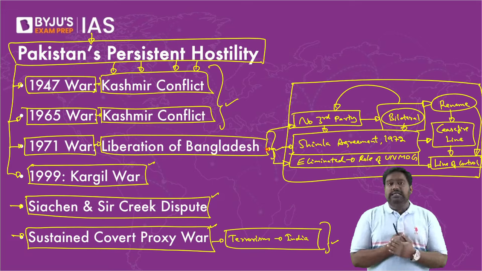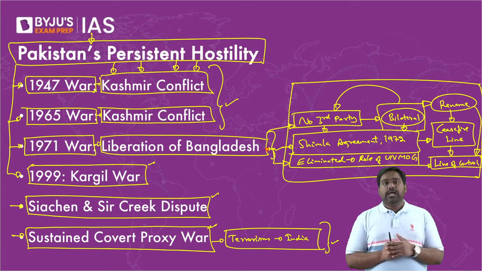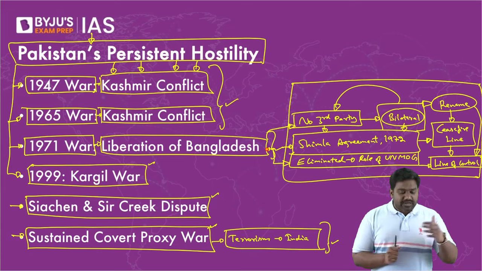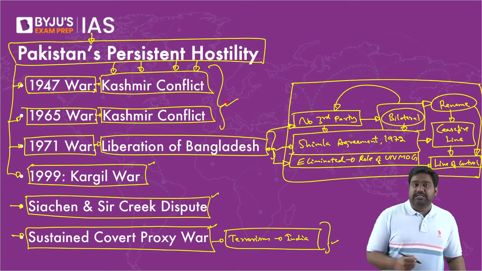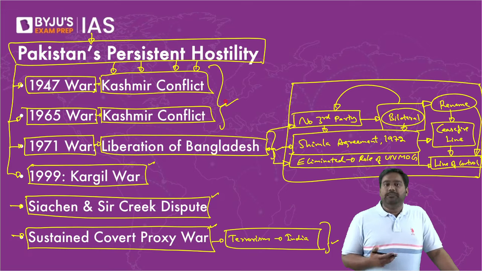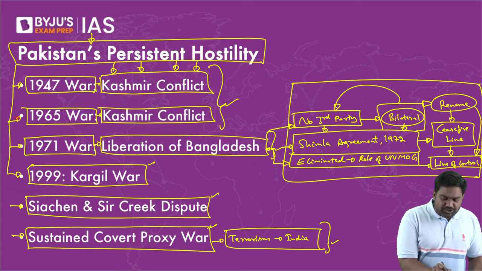Then, if you look at the 1965 war, this was the second Pakistani attempt to capture Kashmir. It was a repeat of 1947 in a way. After failing in the first attempt, Pakistan would not give it up because Kashmir became an obsession. India became an obsession.